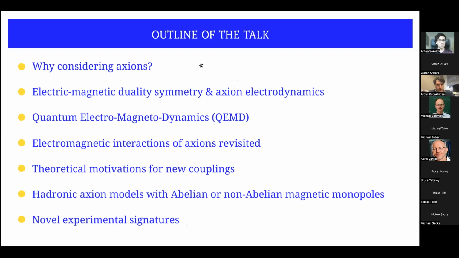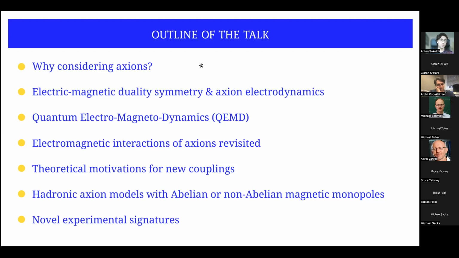We'll do first a small recap on axions, then discuss how axion electrodynamics coexists with electric-magnetic duality symmetry, and what are the implications of this coexistence. Then we will discuss some peculiar theory of quantum electromagnetic dynamics, which I will explain is a bit different from normal quantum electrodynamics, and which we will take advantage of.